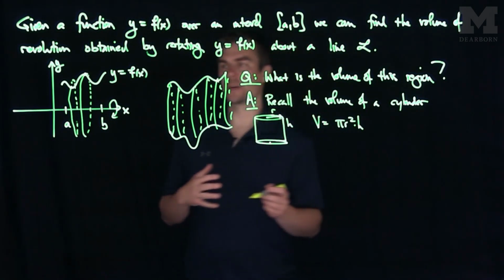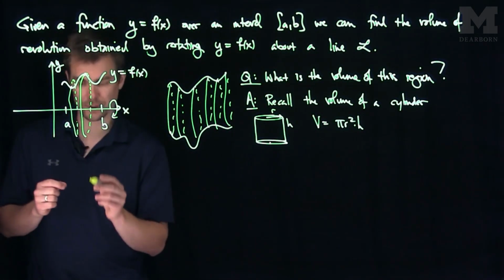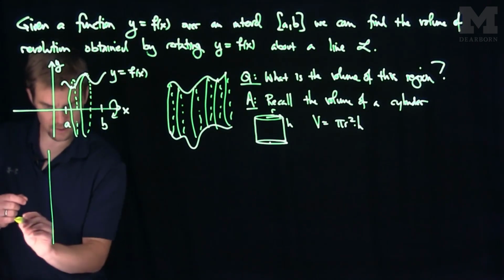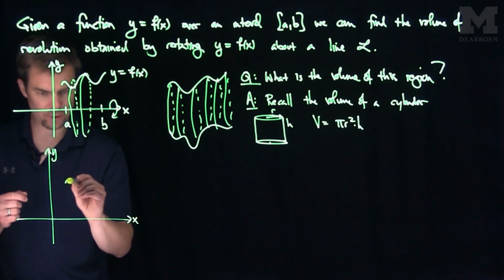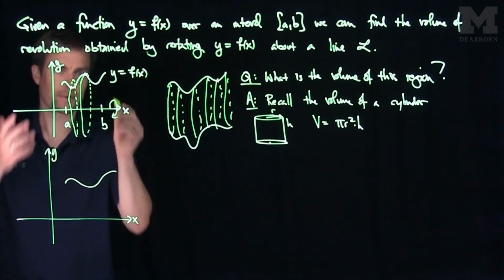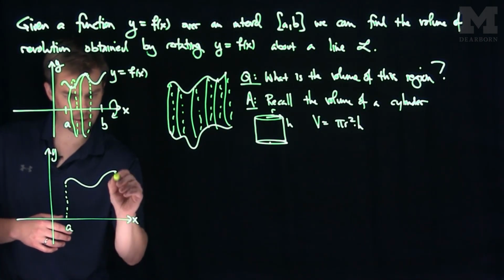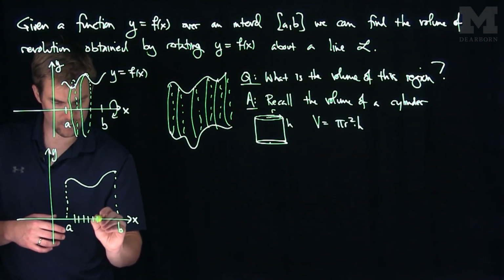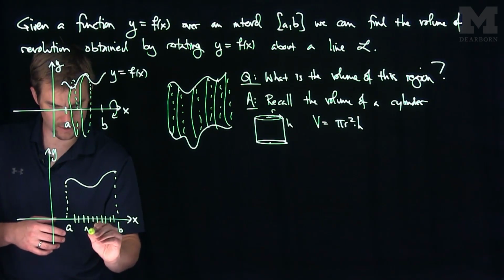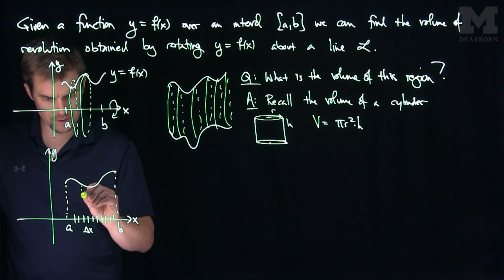And so what we're going to do over here is we're going to say, OK, let's take our volume over here, and we're going to do our standard calculus thing. We'll take this region, there's the x-axis, there's the y-axis. I'm going to take my function over here, something like maybe looks like this. Basically, this is an abstract function. There's a, there's b, and I'm going to break up this interval into really small subintervals of length delta x.